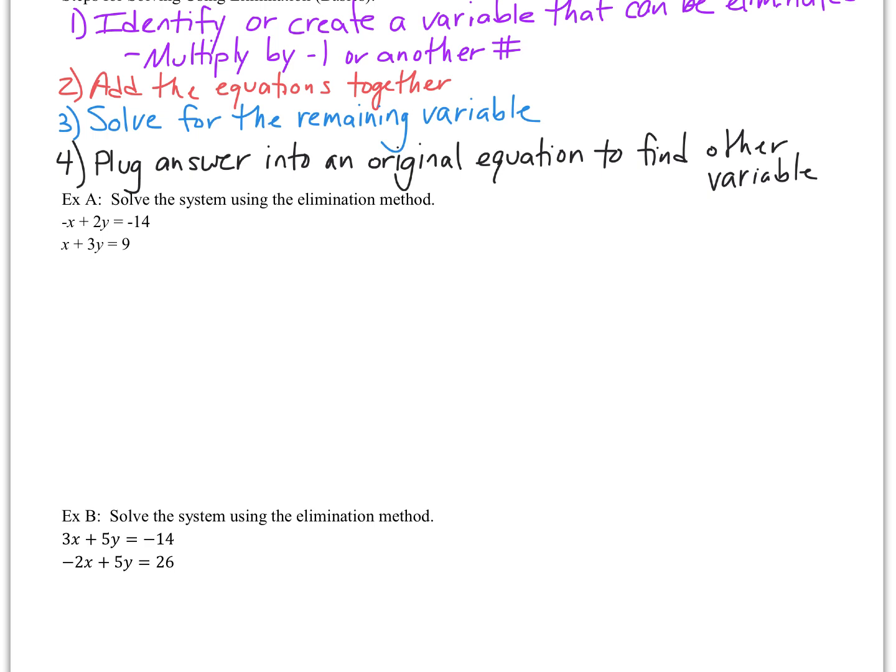We just add straight down because I've organized it that way. If it wasn't set up where the variables line up, you just rearrange it yourself. So the x's just go away. And so 2y plus 3y gives me 5y. Negative 14 plus 9 gives me negative 5.